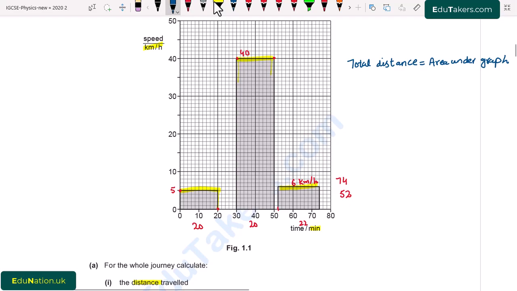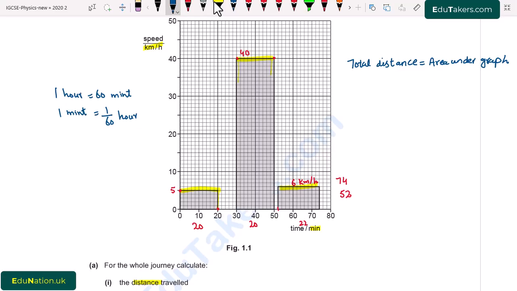So we know that 1 hour is equal to 60 minutes. When we have to change minute into hour, we multiply by 1 over 60. So 1 minute is equal to 1 over 60 hour. So I am going to change the time that is given in minute into hours by multiplying that value with 1 over 60.